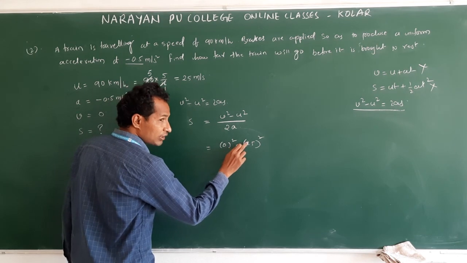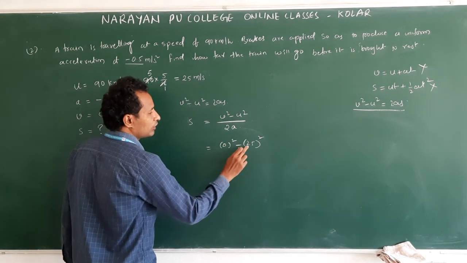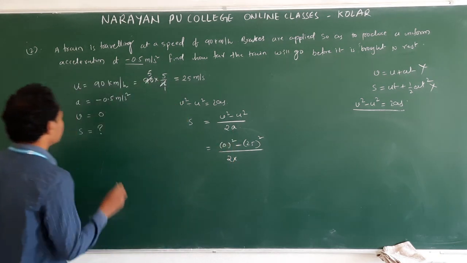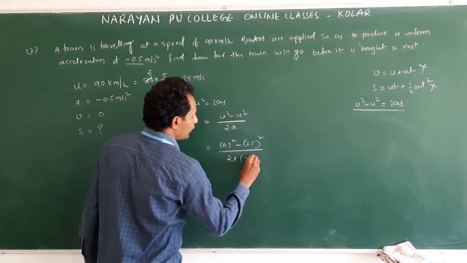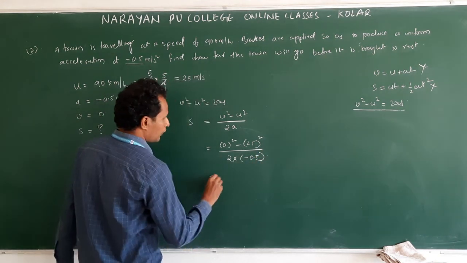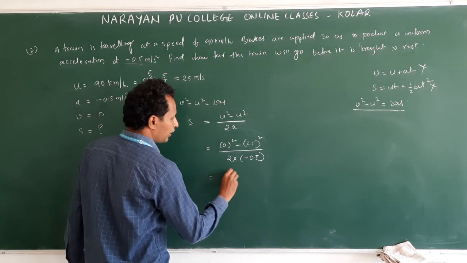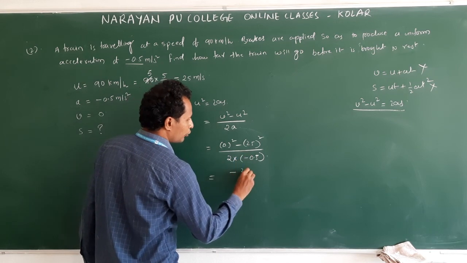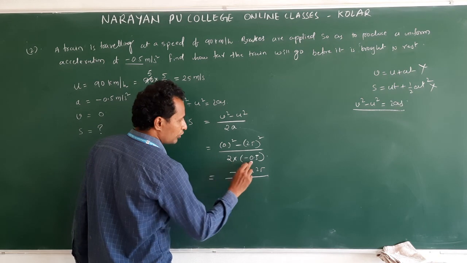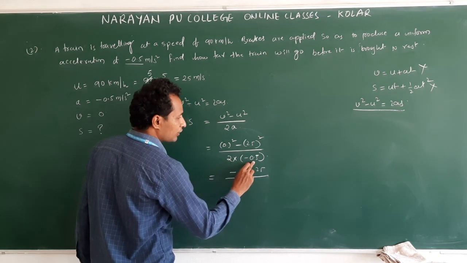Don't write minus inside. This minus is already there in the formula. So 25 square by 2 into. What is A value? Minus 0.5. So 0 square is 0 minus 25 into 25 by 2 into minus 0.5.